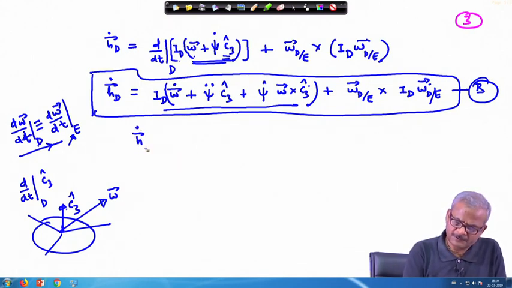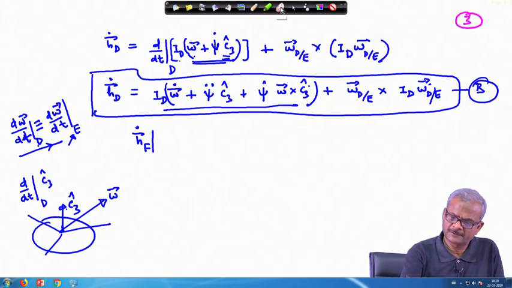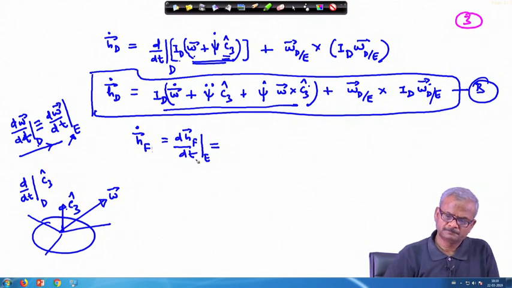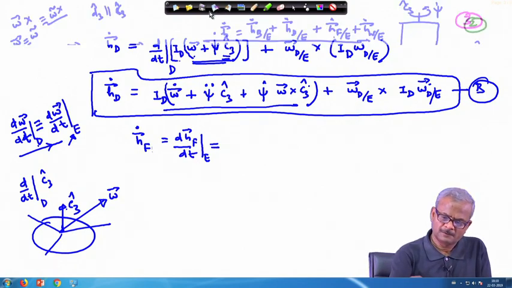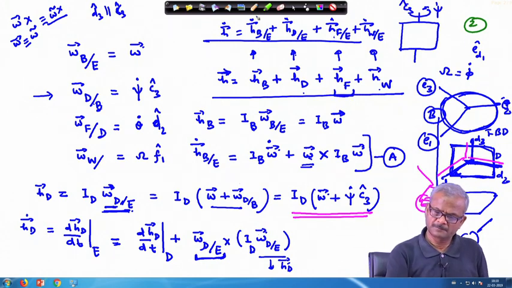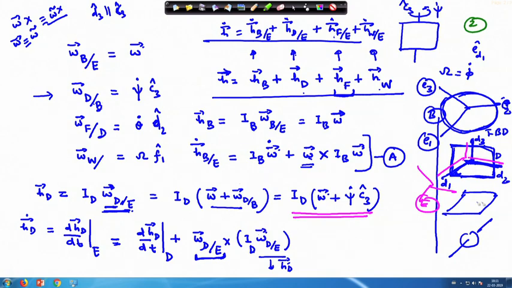So, H dot F, and this we have to do with respect to the E frame. Now we have to pick up H f. H f is this frame, the horizontal one, which is the inner frame, the F frame.